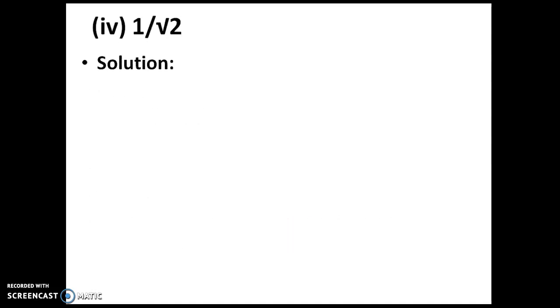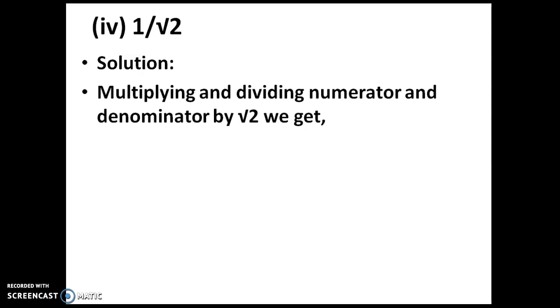The next one: 1 by root 2. Here we have 1 as a rational number and root 2 as an irrational number. We have an irrational number in the denominator. Whenever we have an irrational number in the denominator, it is very difficult to proceed further. So we multiply and divide the numerator and denominator by root 2.